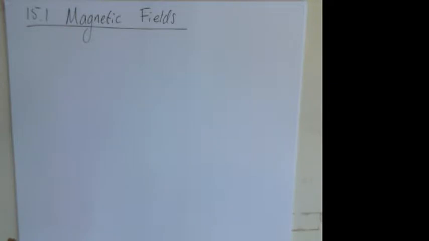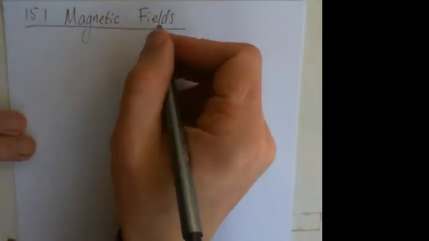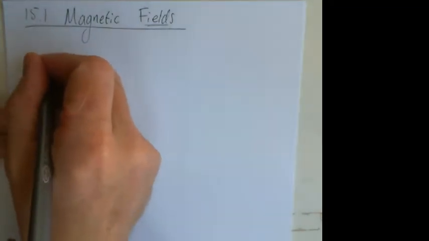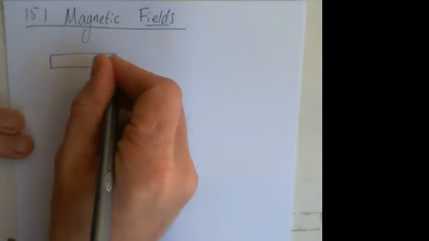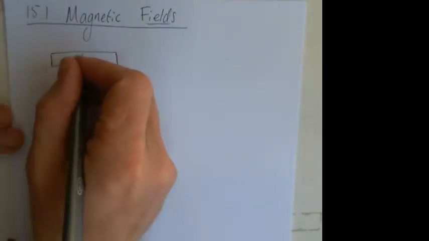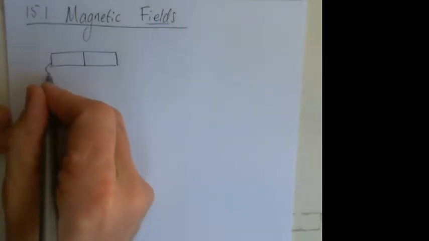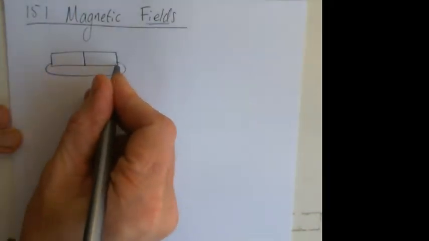So let's go in a bit more about how we represent that, because it's the fields bit of this that gets people confused. Okay, so first up, you've got your bar magnet. Now, when you're drawing a bar magnet, there's a couple of things you need to know about the field lines. Okay, so the field lines always complete a circuit, like so.